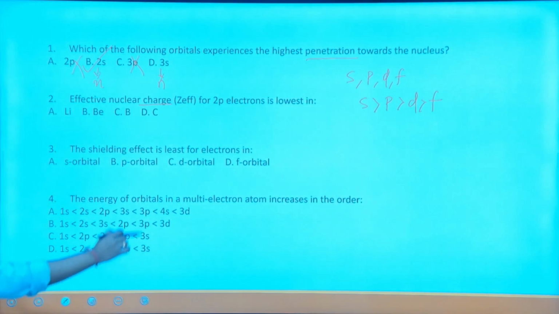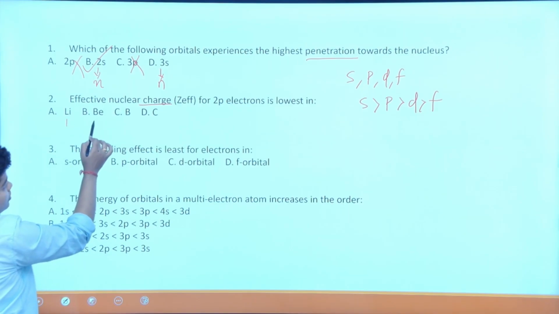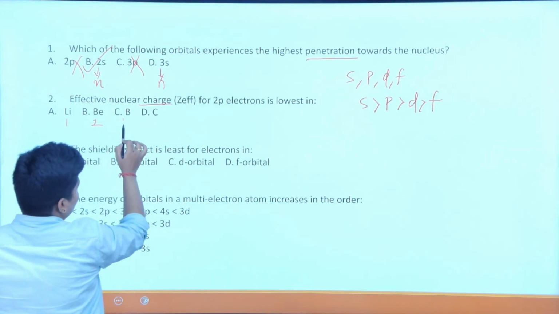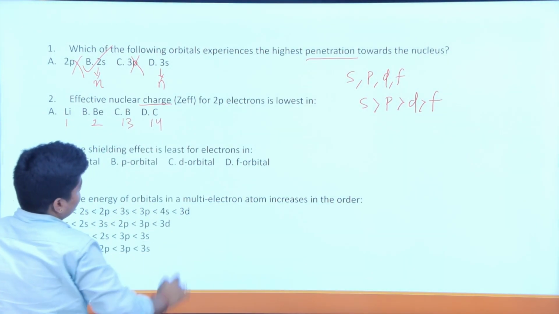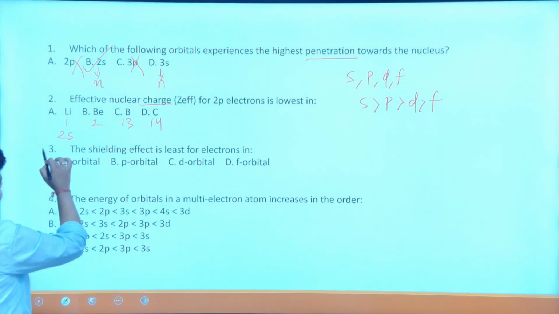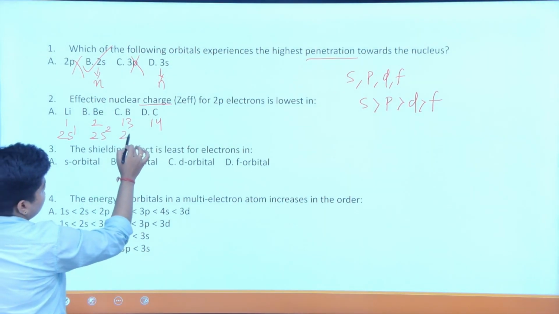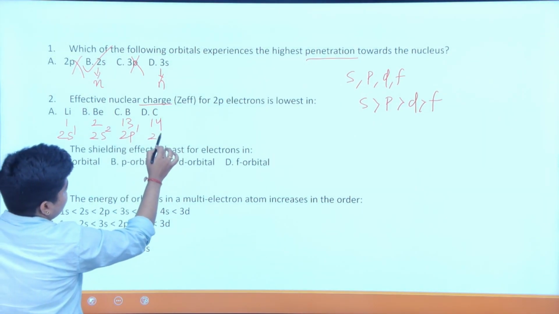So going from lithium to beryllium, boron, carbon, lithium is in group 1, beryllium group 2, boron group number 13, carbon group number 14. Also we know the electronic configurations: 2s1 for lithium, 2s2 for beryllium, 2s2 2p1, 2s2 2p2.